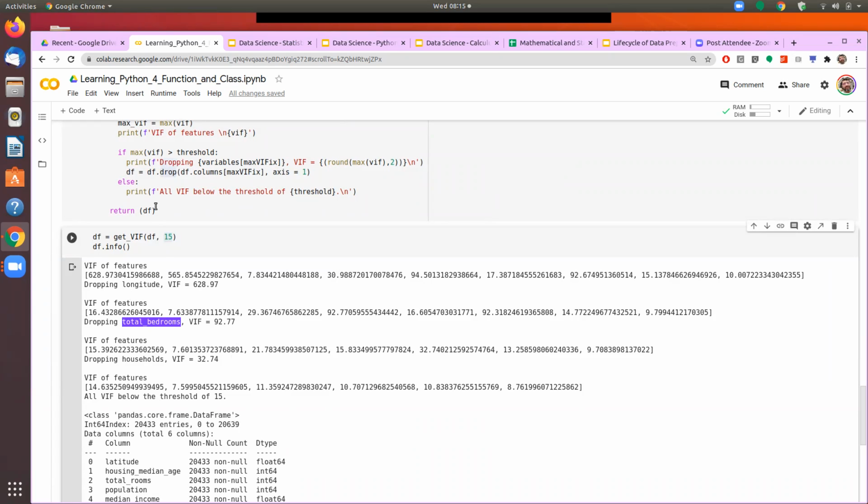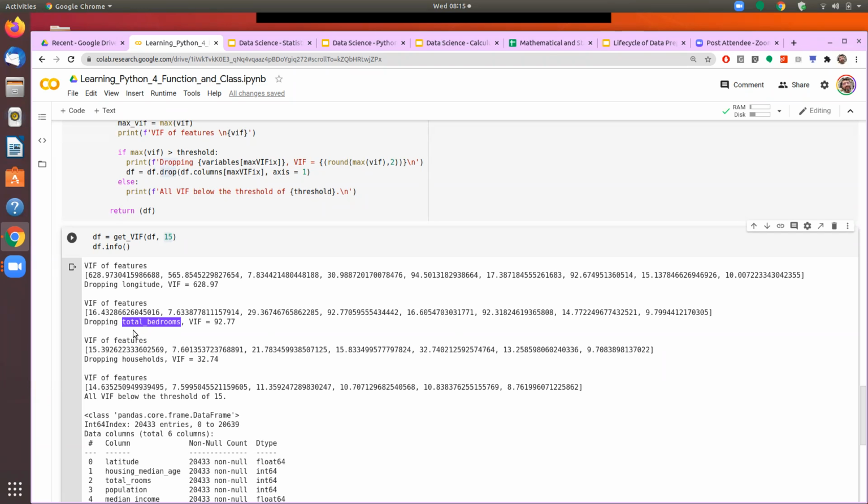If you see in the earlier one, the longitude and the latitude in this case are highly correlated. It need not always be the case, but these are really highly correlated because the data given to us is from a particular location, a particular city, and therefore there would be high correlation between the longitude and latitude anyway. So it dropped one of them.